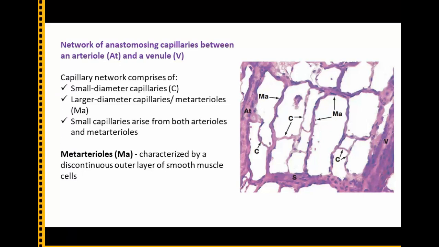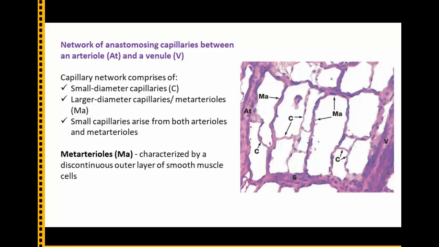The meta-arterioles are the much larger ones. They are characterized by a discontinuous outer layer of smooth muscle cells. So, they don't have a continuous well-formed smooth muscle layer. There are discontinuous smooth muscles here and there.